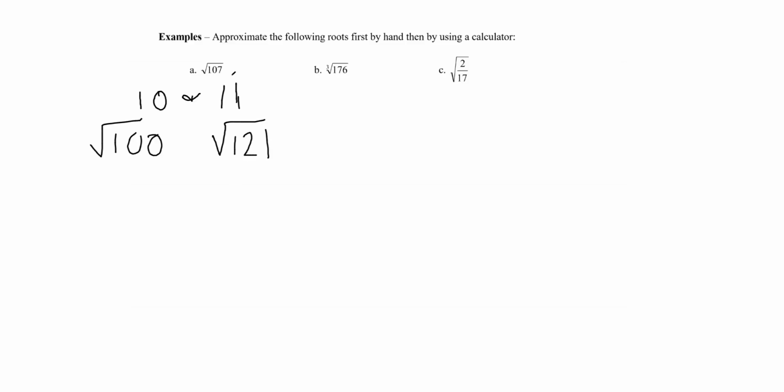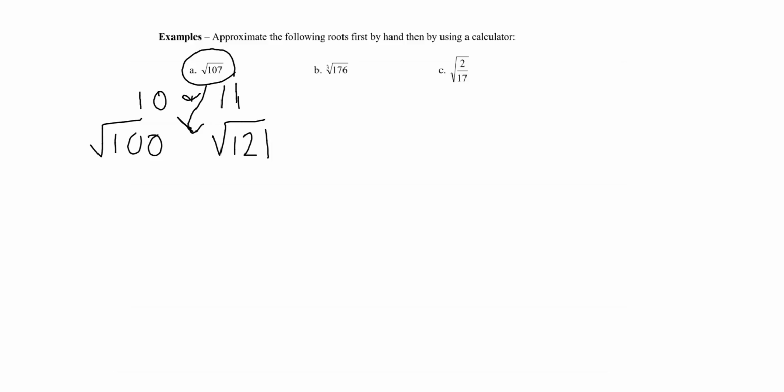If you notice, 107, that number falls directly between 100 and 121. So my answer is going to be between 10 and 11. It will start with a 10, and it'll be a decimal. Now, 107 is closer to 100, so I'm going to say, it's going to be closer to 10 than it is to 11.